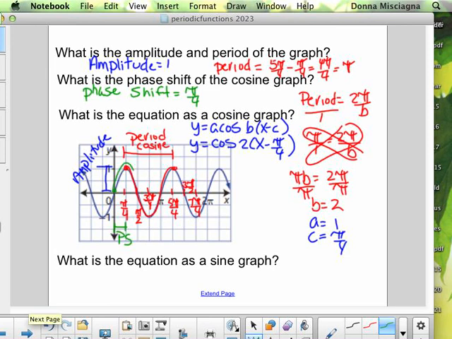The sine graph just starts here, right? So here is one period of sine. Notice the period is still the same. So maybe I should make this another color so it stands out a little bit.